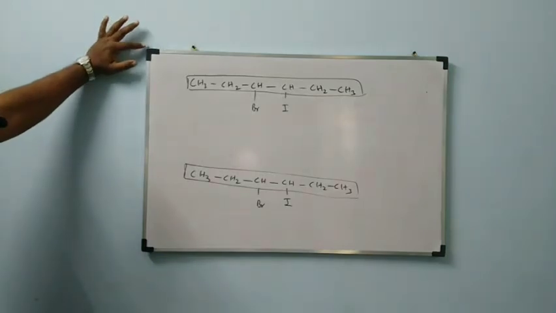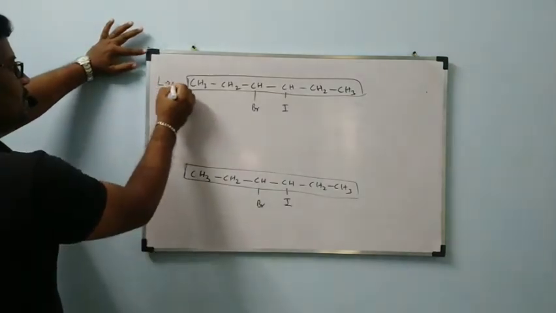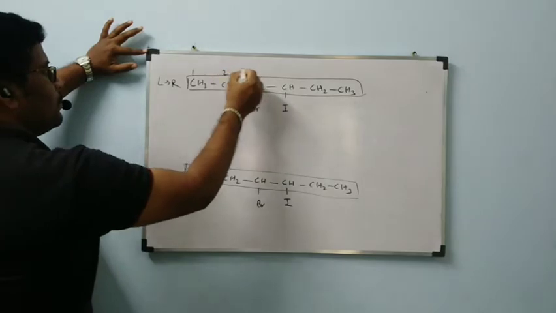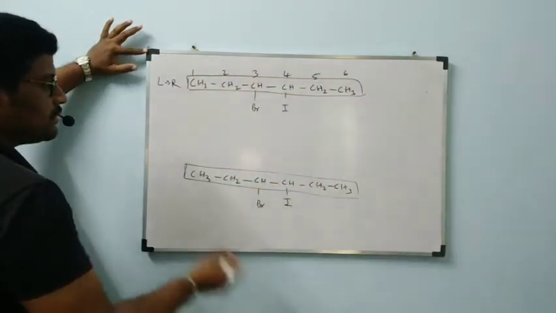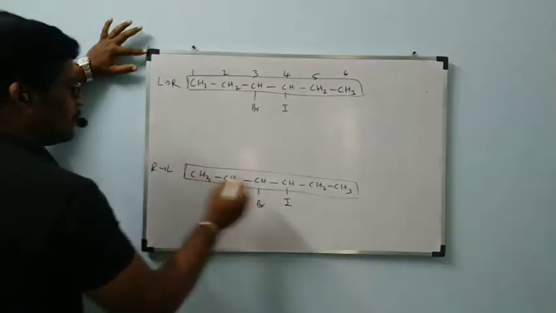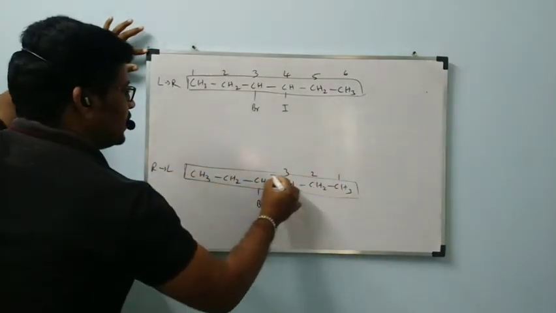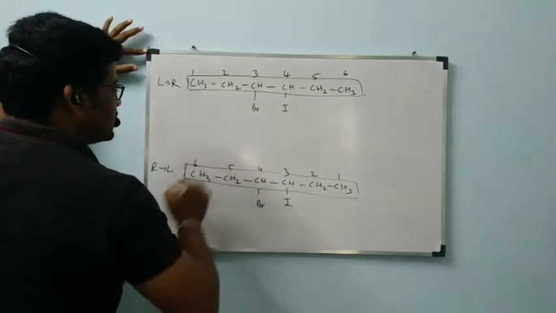Parent chain selection is over. Left to right numbering: 1, 2, 3, 4, 5, 6. Right to left numbering: 1, 2, 3, 4, 5, 6.